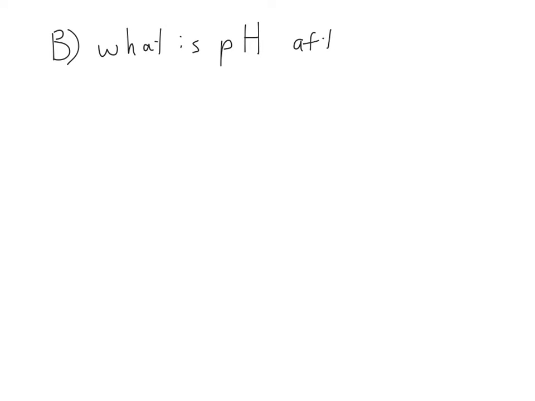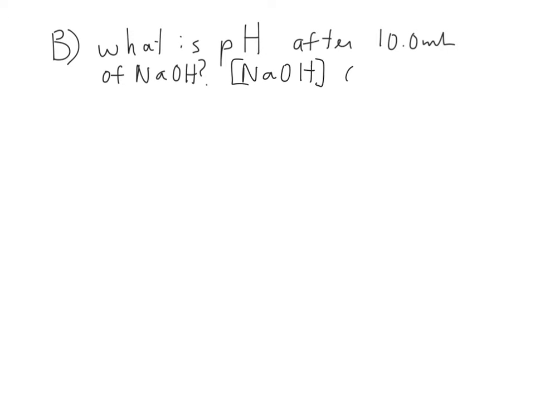So what is the pH after the addition of 10 mils of sodium hydroxide? I'm going to quickly go back and check the concentration of sodium hydroxide because I forget already. Okay, your sodium hydroxide concentration we said was 0.25 moles per liter.